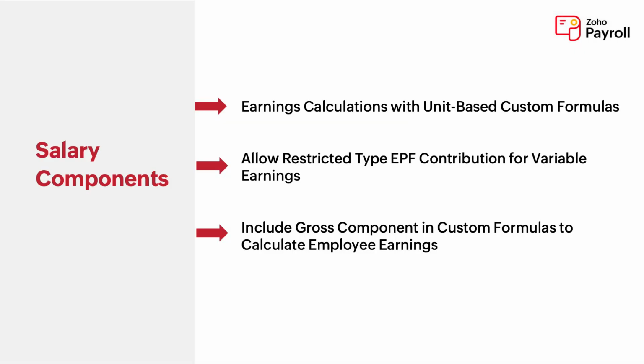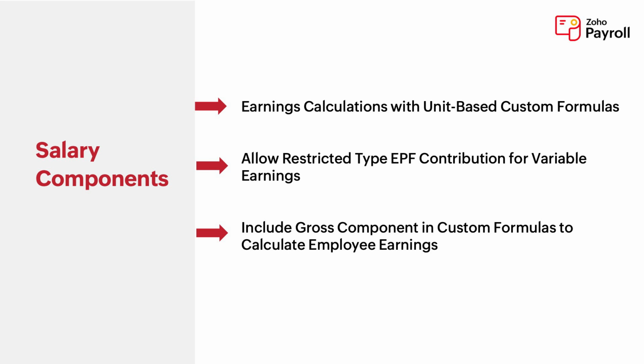As you might know, salary components is the most customizable module which we have in our system. We have divided the salary components module into three sections: earnings, deductions, and reimbursements. In earnings, we have come out with features for adding formula-based salary components.